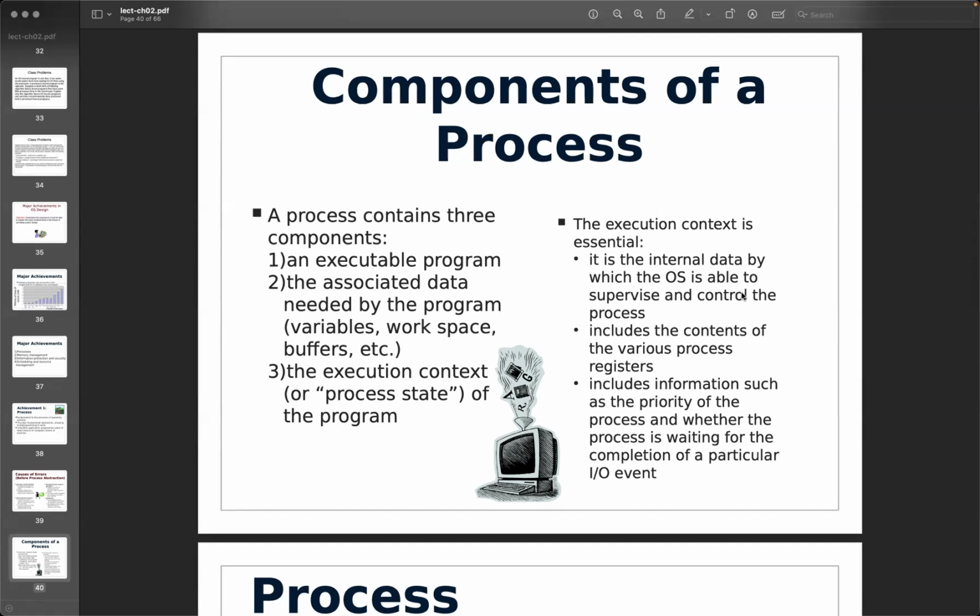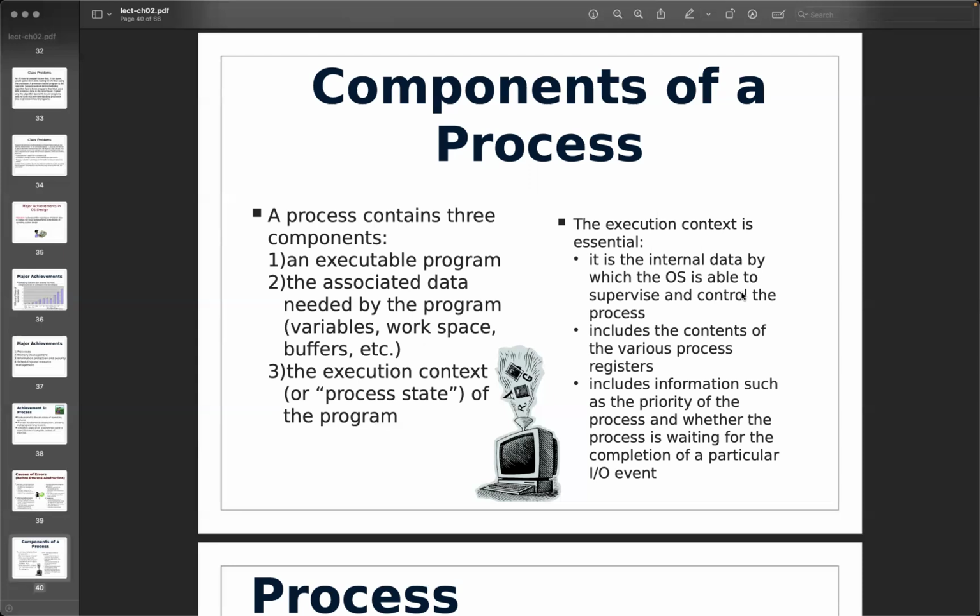The execution context is essential. It's the internal data by which the OS is able to supervise and control the process. It includes the contents of the various process registers, so we know which process goes to which memory address to retrieve the data.